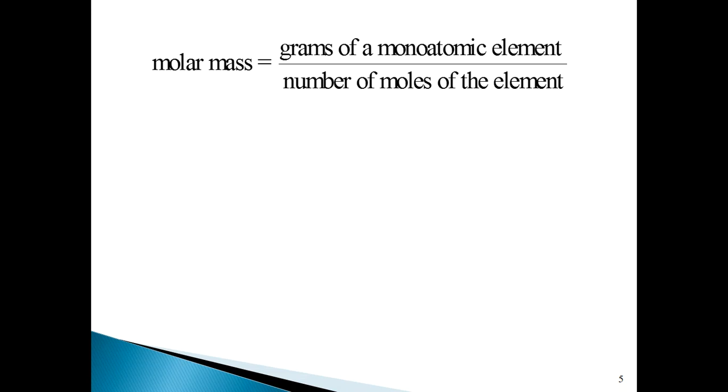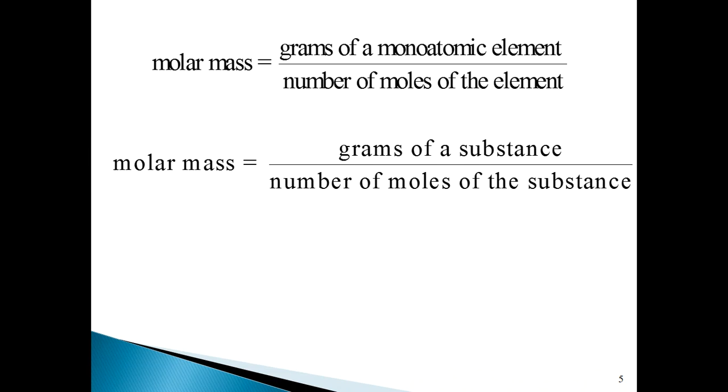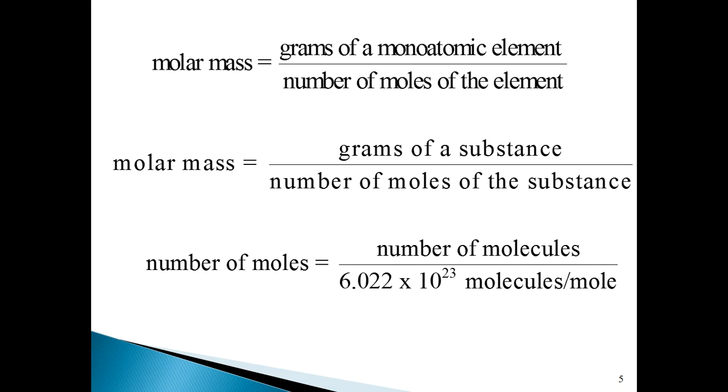And here's a mathematical relationship between the molar mass and the mass of an element, specifically a monatomic element. The molar mass would be equal to the grams of that element divided by the moles of that element. And the molar mass of a substance would simply be equal to the grams of that substance divided by the number of moles of that substance. And of course, we know the relationship between moles, Avogadro's number, and the number of molecules or atoms or ions.